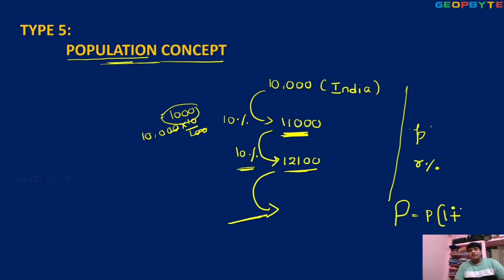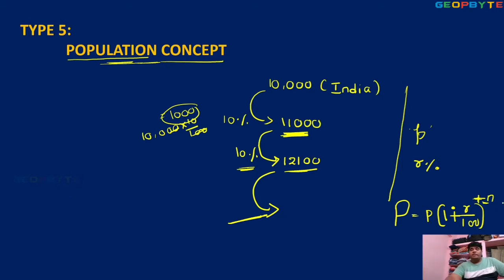That's why we are using the plus symbol. Sometimes a question asks: the present population is given, what was the population 2 years back? Then the power becomes minus.